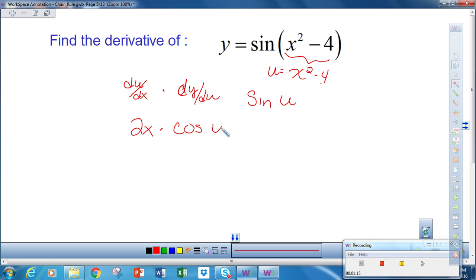If I were to take the derivative of sine u, I get cosine of u. But what is u? U is x squared minus 4, so this would be 2x times cosine of x squared minus 4. So we go back and we substitute in that value for u. So we took the derivative of the inner function and multiplied it times the derivative of the outer function.